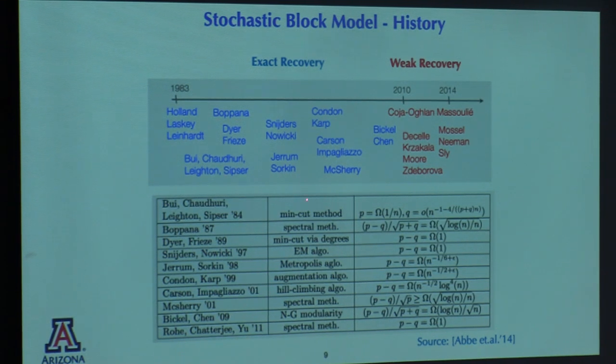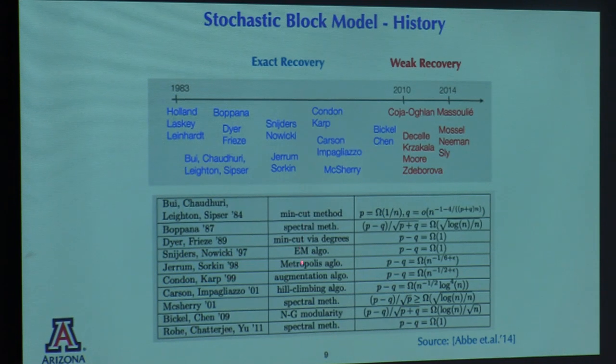People have studied various algorithms. From the 80s all the way till the previous decade, people looked at different algorithmic methods, min-cut, spectral methods, the EM algorithm, and so on, and tried to analyze how much separation between P and Q each algorithm would need for exact recovery.